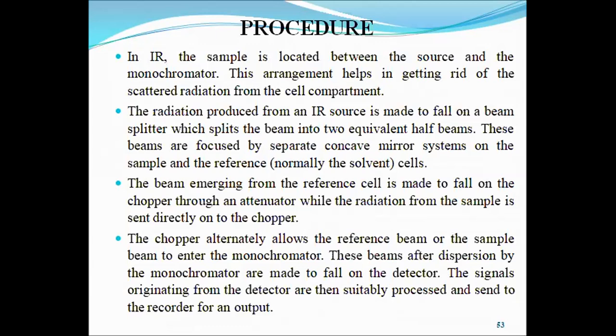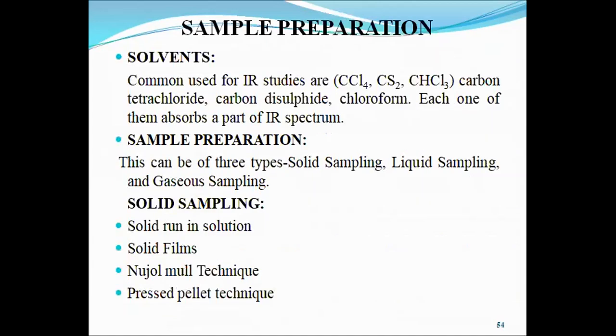The signals originating from the detectors are suitably processed and sent to the recorder for an output in the form of the IR spectrum. So we have seen the different types of detectors, which play an important role in the IR spectrophotometer.